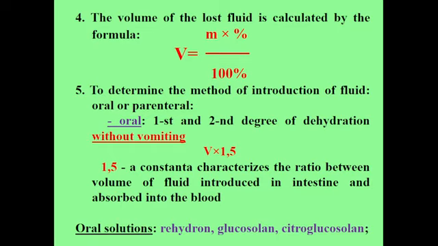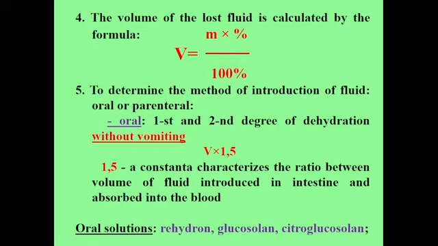Then determine the method of introduction of fluid, oral or parenteral. Oral is for first and second degree of dehydration without vomiting. Then we give it orally, and the volume is multiplied by 1.5. It's a constant to characterize the ratio between the volume of fluid introduced in the intestine and absorbed into the blood.